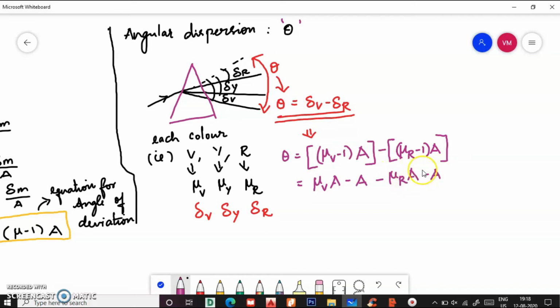Here minus into minus is plus, so cancelling out minus A and plus A, the result is mu v A minus mu r A. The angle of the prism is common, so let me write (mu v minus mu r) within the bracket into A. So this is the equation for angular dispersion.